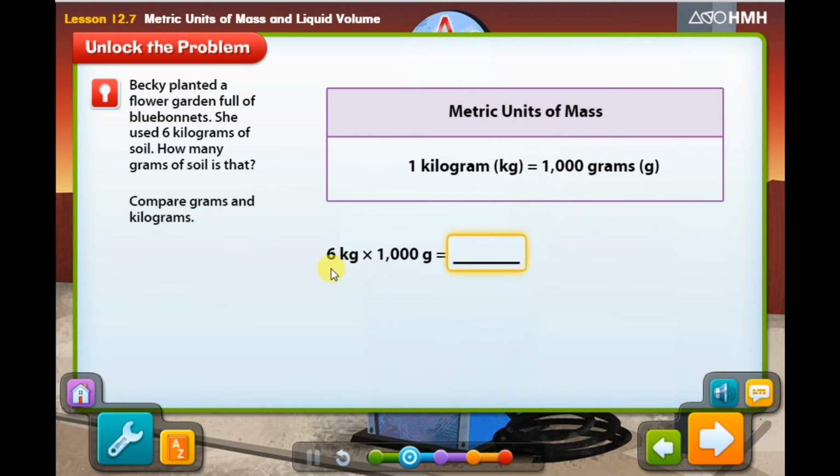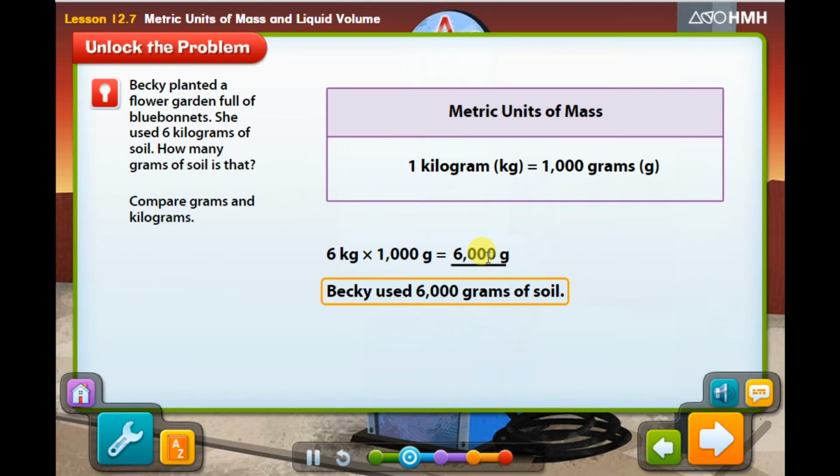How do we multiply numbers with zeros? First, put the zeros, then multiply the other digits. How many zeros do we have here? 3 zeros. Then multiply the other digits. 1 times 6 will be 6. So the answer will be 6 and 3 zeros. This means 6,000 grams. So Becky used 6,000 grams of soil to plant her bluebonnets.